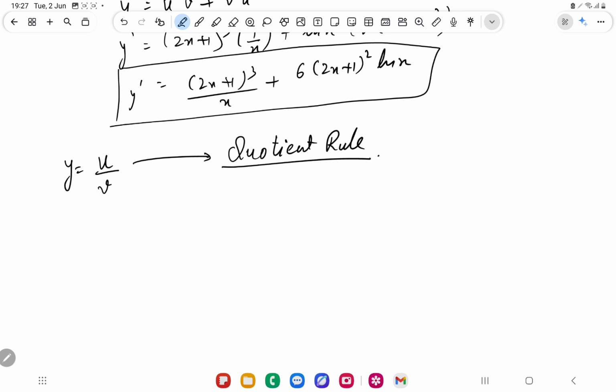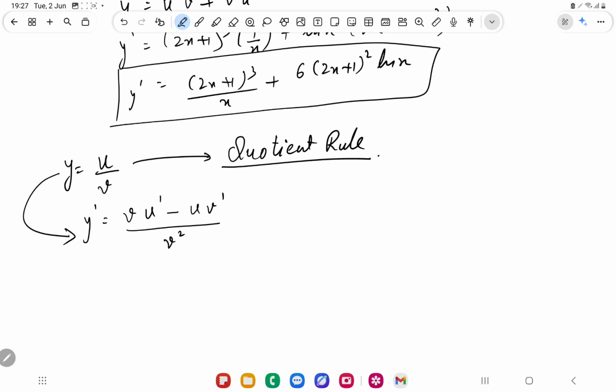This is also there in your formula booklet. The one and only thing you need to remember is that we keep the denominator as it is. So v u dash minus u v dash upon v square. And if you don't remember, you can always look back to your formula booklet. So you will get this as your formula.